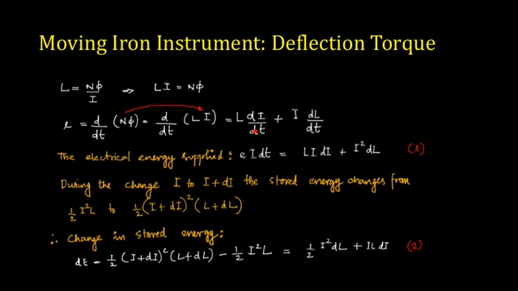So that is equivalent to L into dI by dt plus I into dL by dt. Why do you have these two terms coming? This is because here both inductance as well as the current are variables. Your inductance also varies, the current also varies.